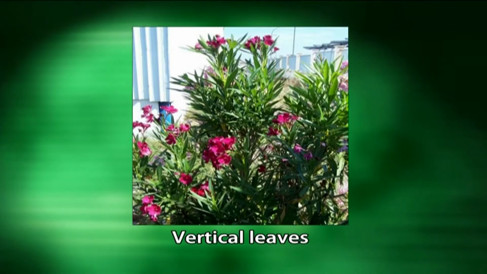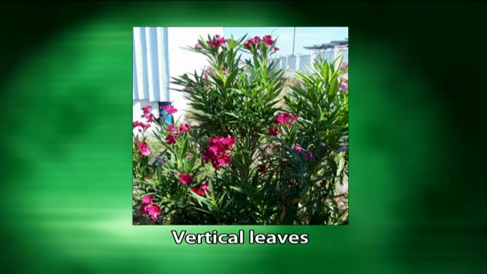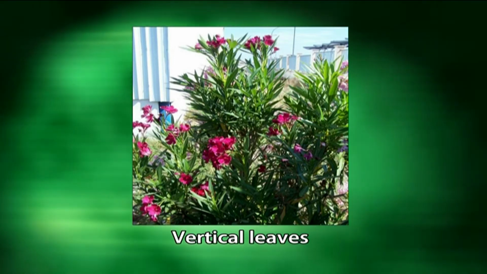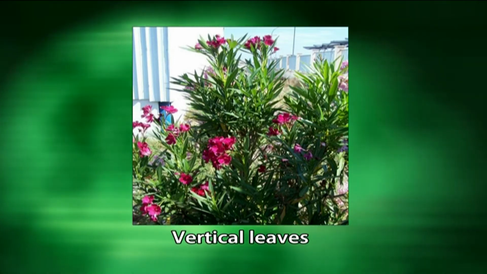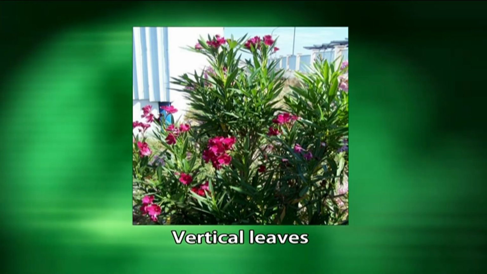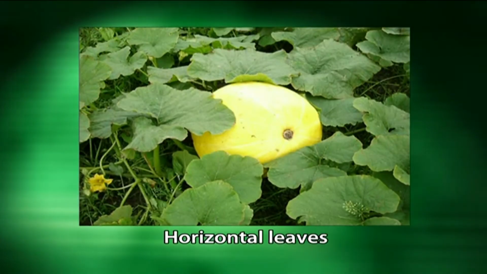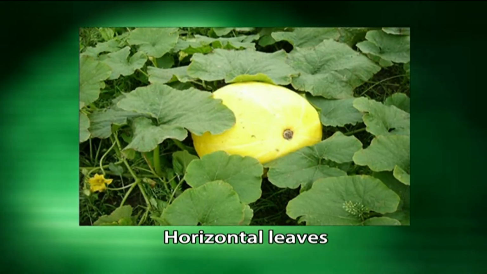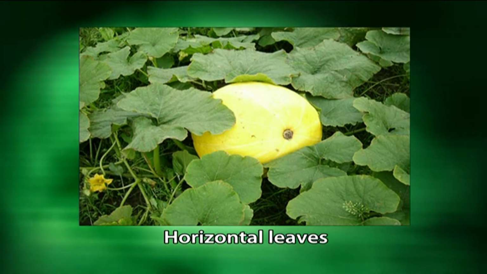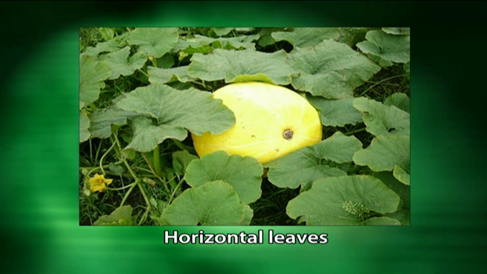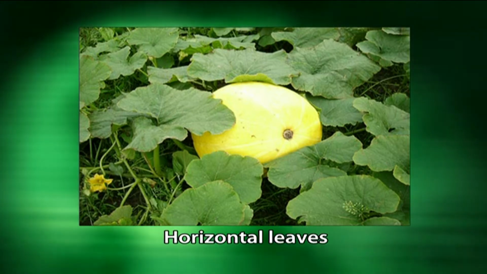In such plants, the leaves orient themselves vertically so that the incident radiations are parallel to the leaf, resulting in minimum absorption of radiations. In shady environments, the leaves are oriented horizontally to the incoming radiations, thus resulting in maximum absorption or capture of solar energy.